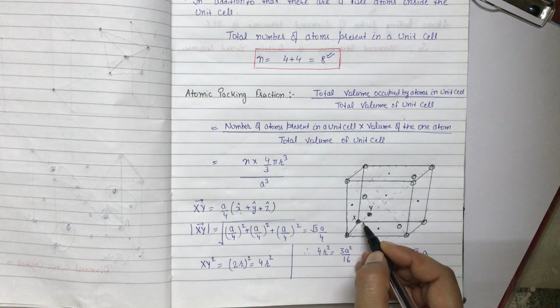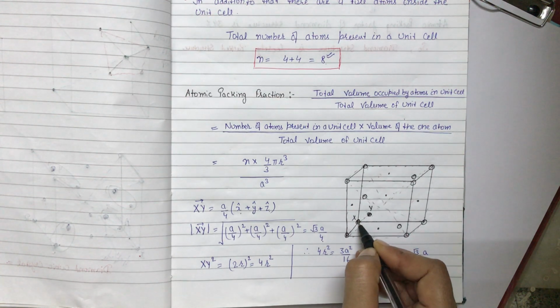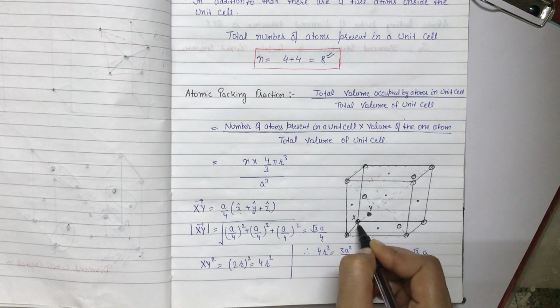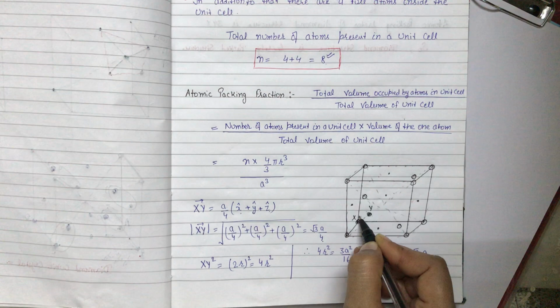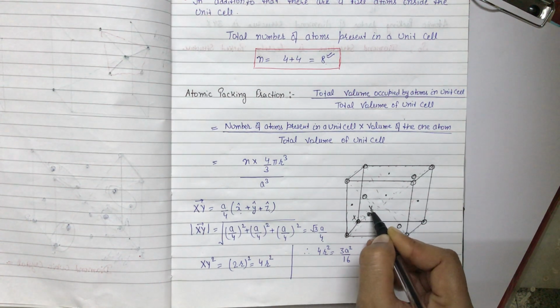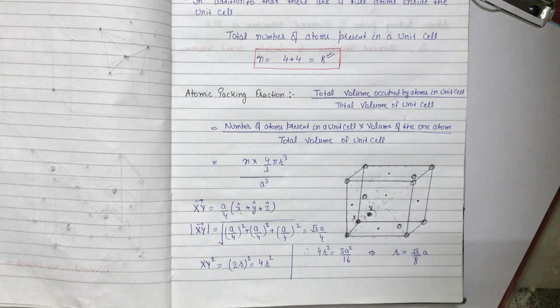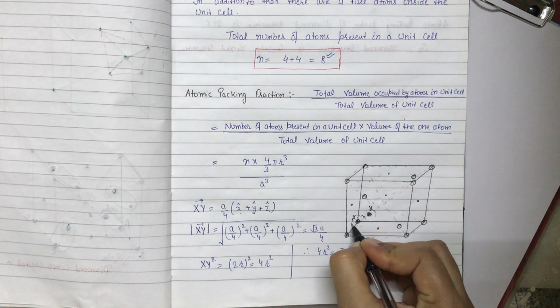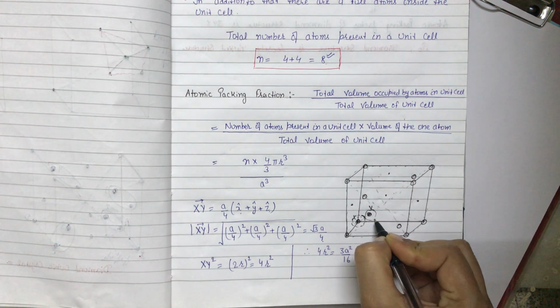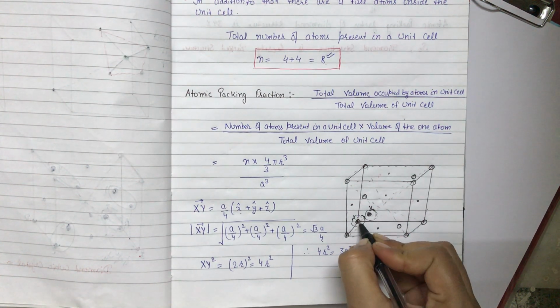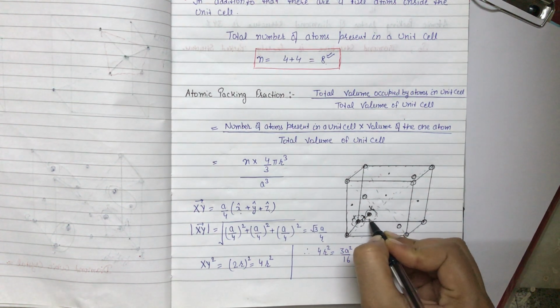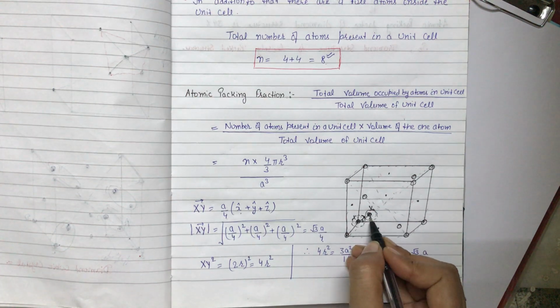If I place a carbon atom at this lattice point, then this lattice point has two carbon atoms. One carbon atom is located at this point and another carbon atom is located at this point. I mark this carbon atom again at this position. From the center to this location is r, the radius, and from the center to this position is also r.